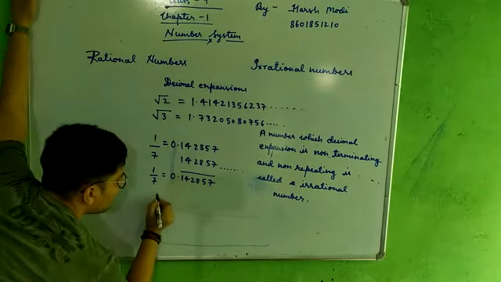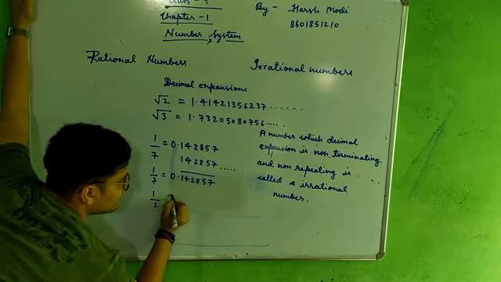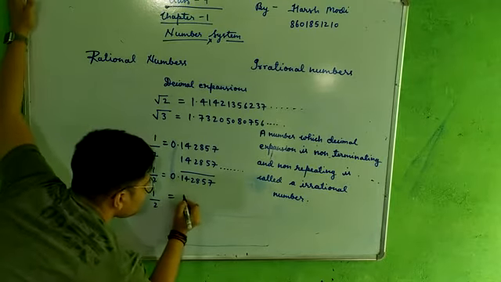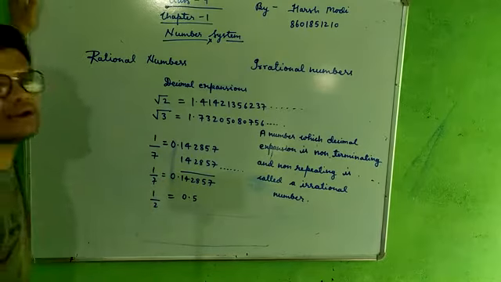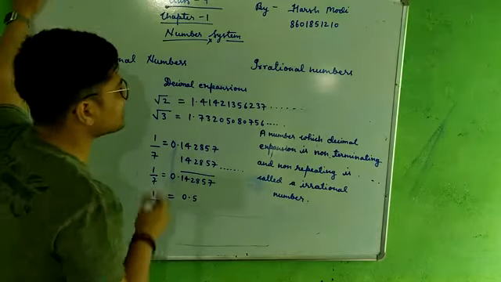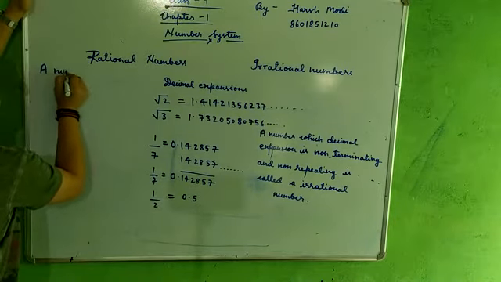Next, for 1 upon 2, the decimal expansion is 0.5, which is terminating.